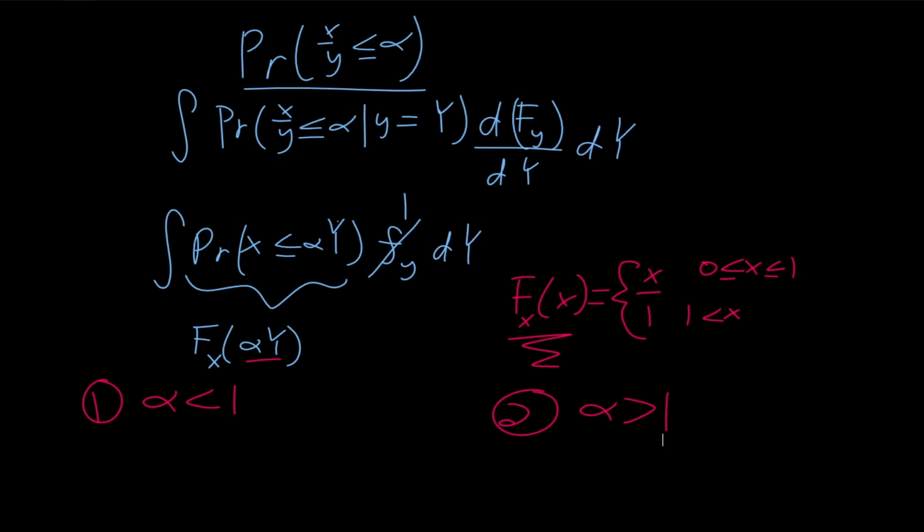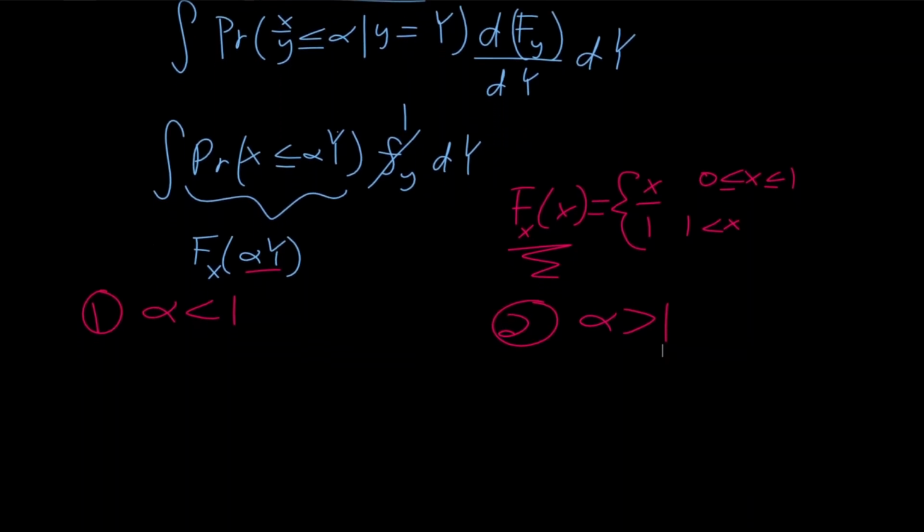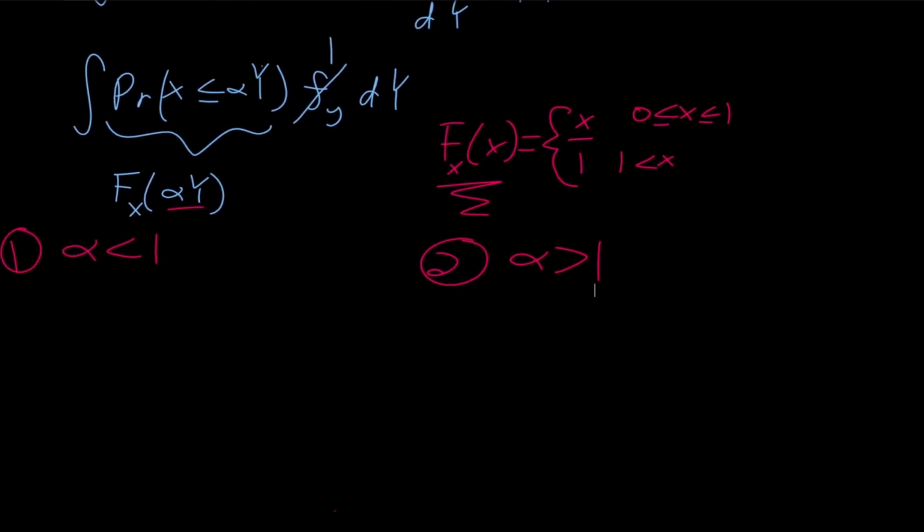Now let's go ahead and consider the second case first, where alpha is greater than 1. Well, if alpha is greater than 1, when we consider our integral, which is from 0 to 1 of f sub x of alpha y dy, since alpha is always greater than 1, we need to split up this integral right here into two regions.